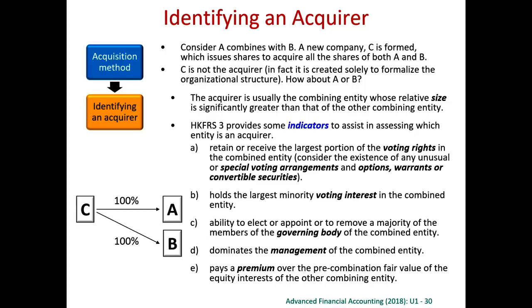No one of these items is conclusive. You have to consider all the facts and circumstances and make your own judgment to see which one is the acquirer. In most of the cases, as I've said before, it's not difficult to identify the acquirer.